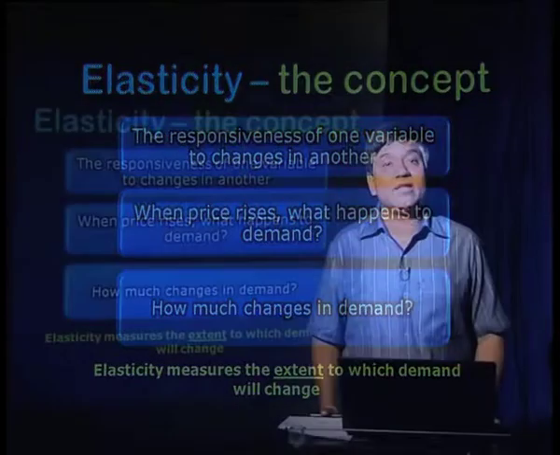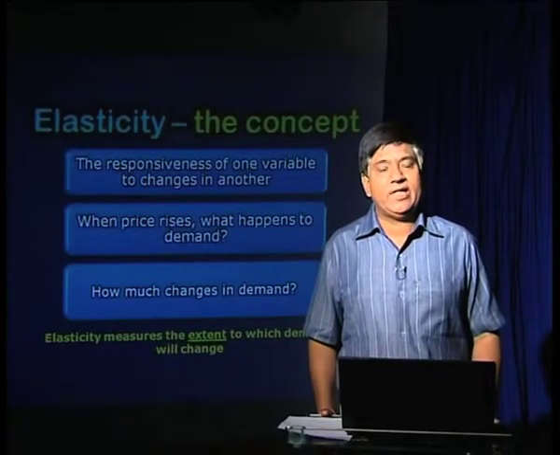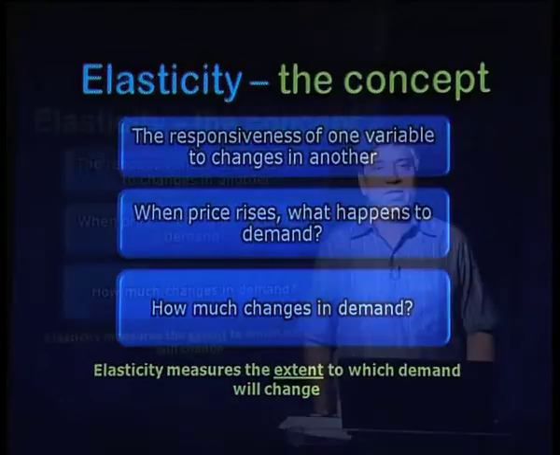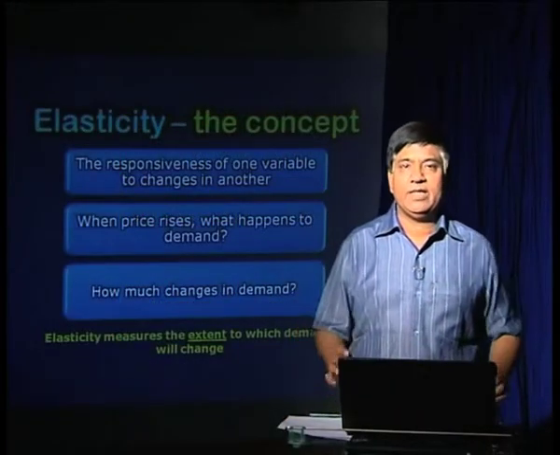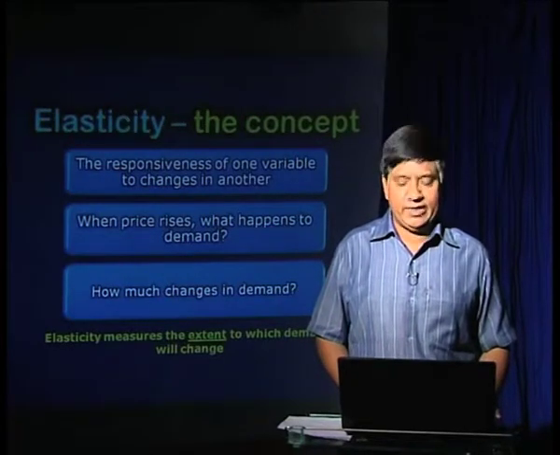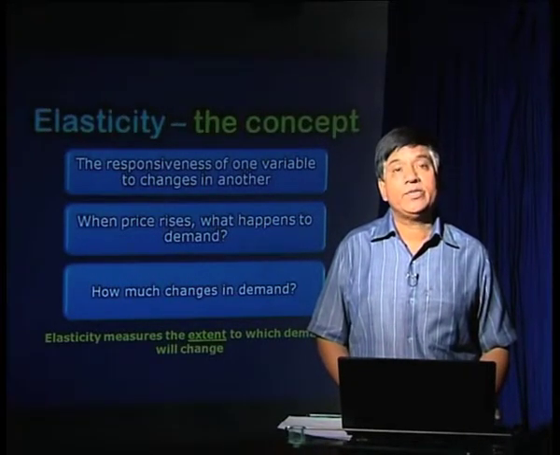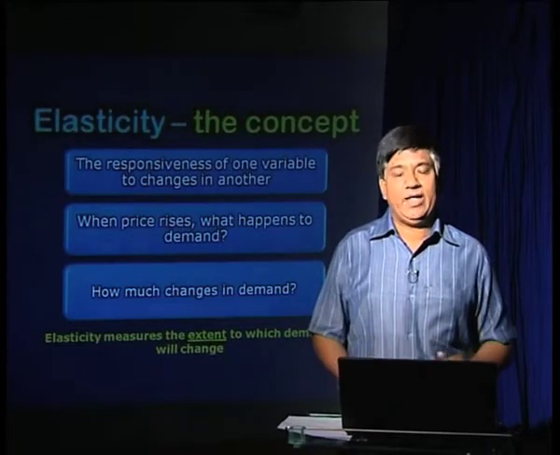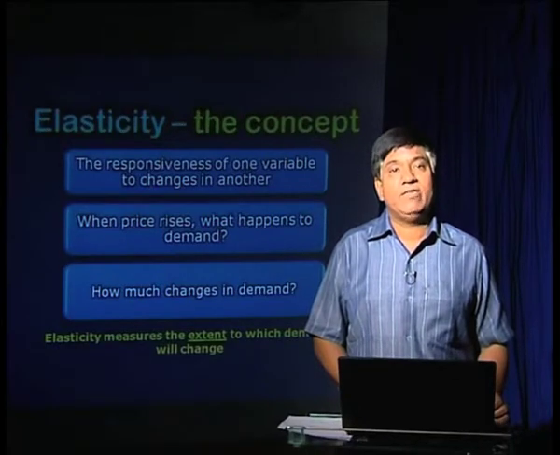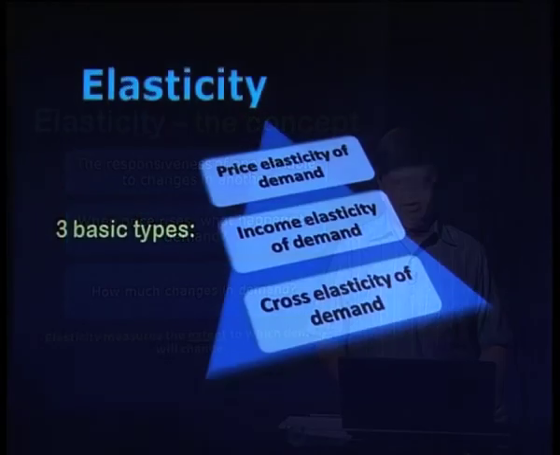So, in other words, we can say elasticity measures the extent to which demand will change consequent upon change in the price, for example. So, friends, this is the basic concept of elasticity, that is how responsive one variable is to changes in the other variables, one by one of course, and then how demand will fluctuate with regard to consequent changes in the price.